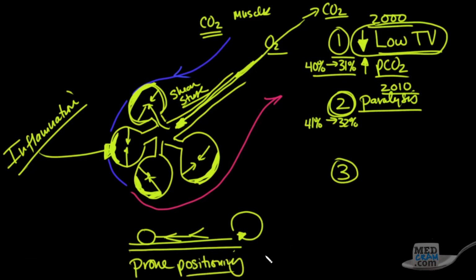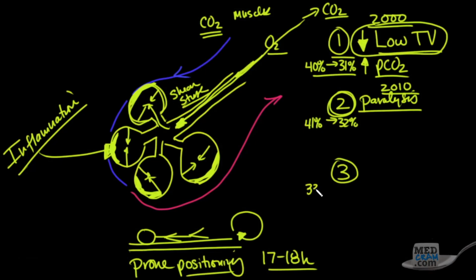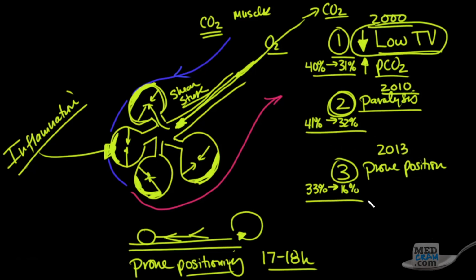And if you do this for about 17 to 18 hours a day, you can actually decrease the mortality they found from 33% down to 16%. And this paper was published back in 2013.